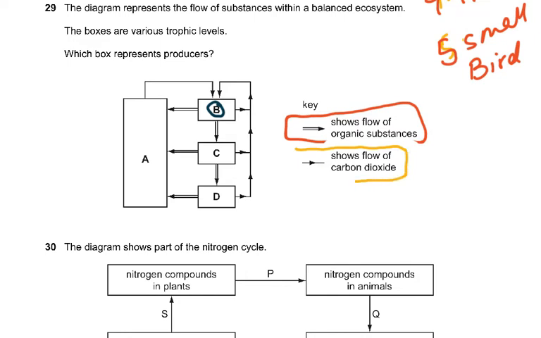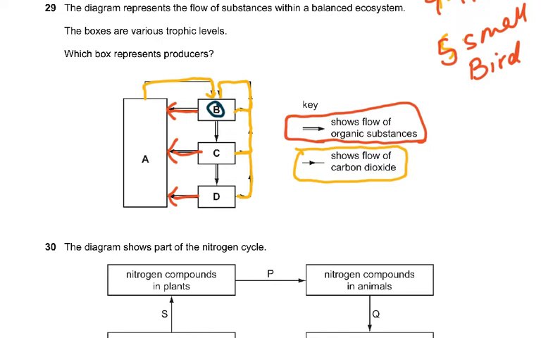Now let me explain this in a different manner. Let's first color the carbon dioxide arrows, and that makes life very easy. This was carbon dioxide, this was carbon dioxide, this was carbon dioxide, this was carbon dioxide. So all this was carbon dioxide, while the flow of organic substances was only this.